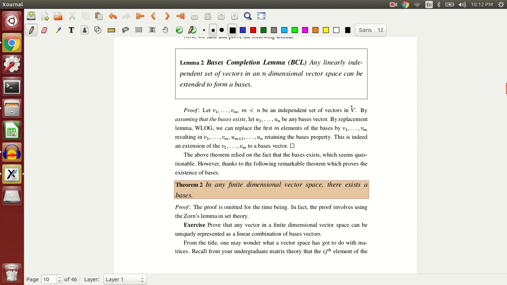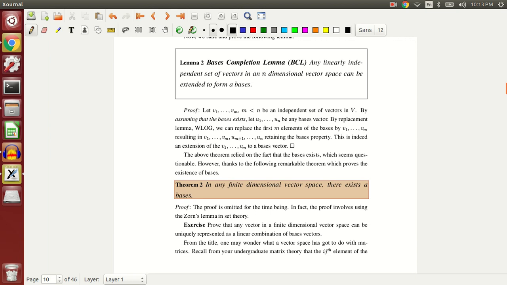Let's assume that the basis exists, and let u1 till un be basis vectors. By the replacement lemma, without loss of generality, you replace every one of the vectors of u with v1 to vm into the set, since n is greater, retaining the basis property. It's the same as the previous lemma. This is indeed an extension of the basis vectors.